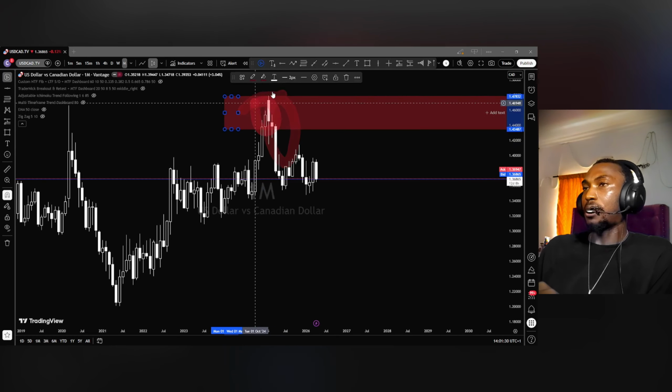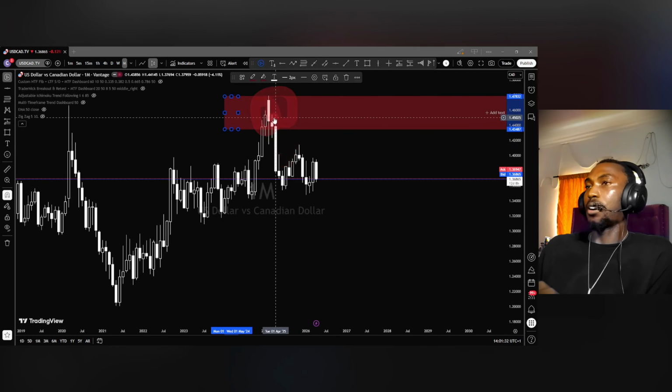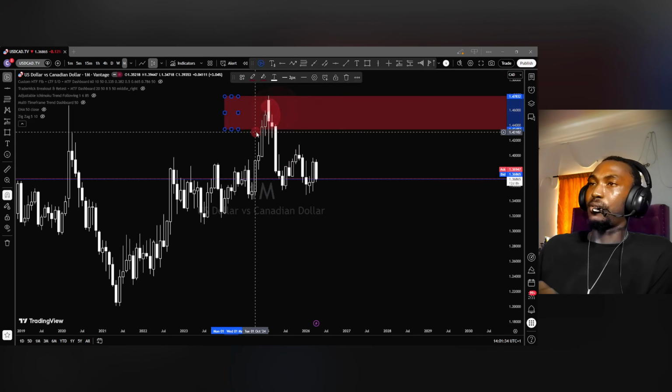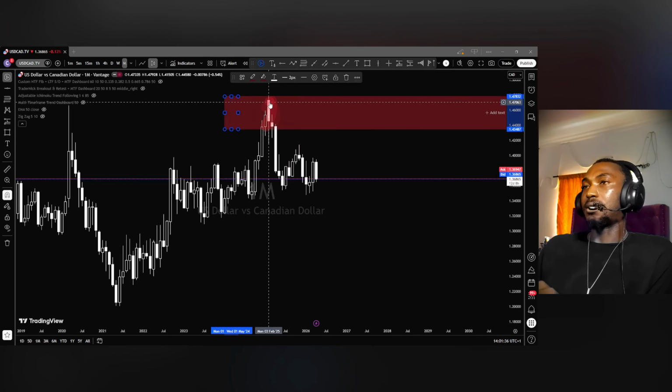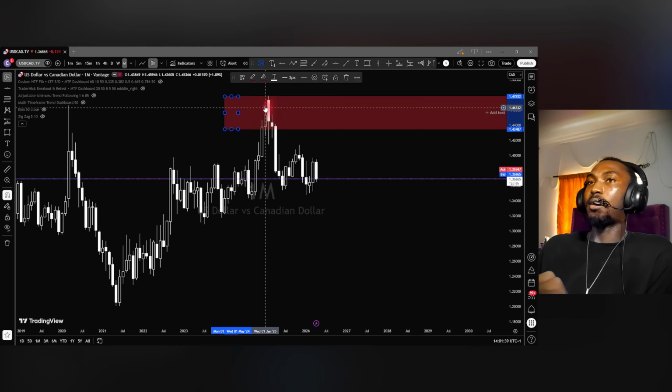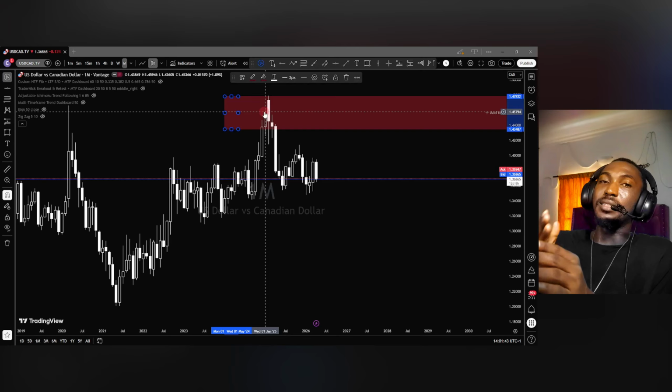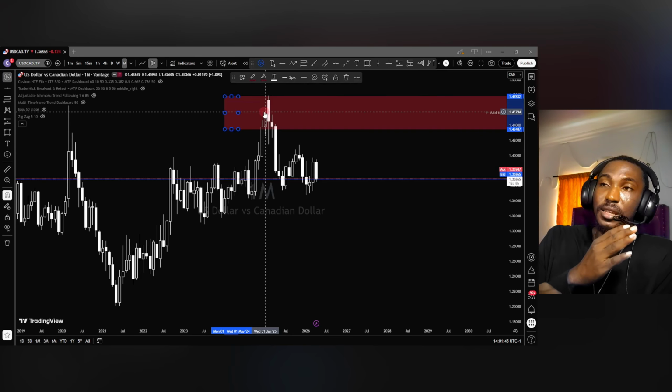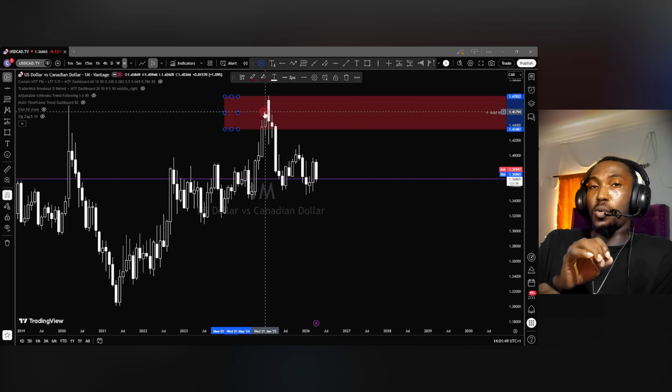We have a supply zone right here. This is a zone where price seems to have gotten to the point where supply started to come in so much, or demand for the quote started to come in so much. So when the quote demand starts to supersede the demand for the base, you start to sell. What does this mean? What is the quote? The particular asset we're trading here is US dollar, Canadian dollar.